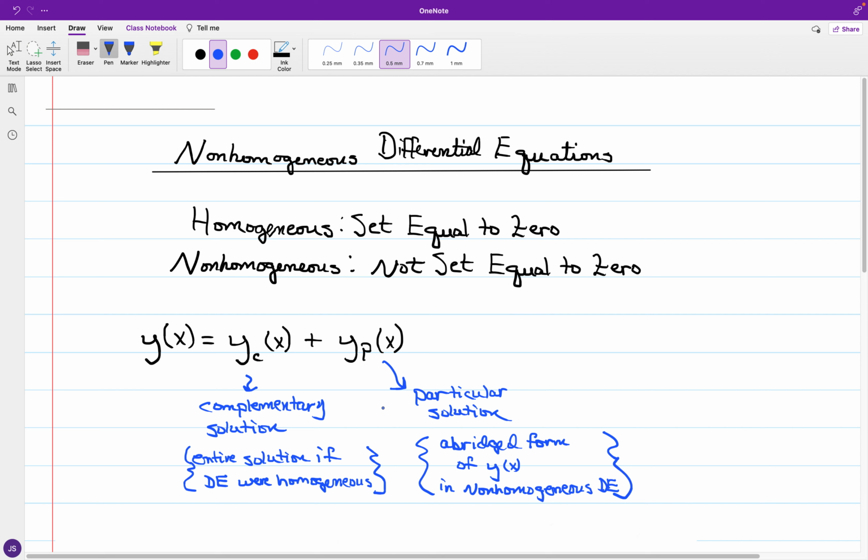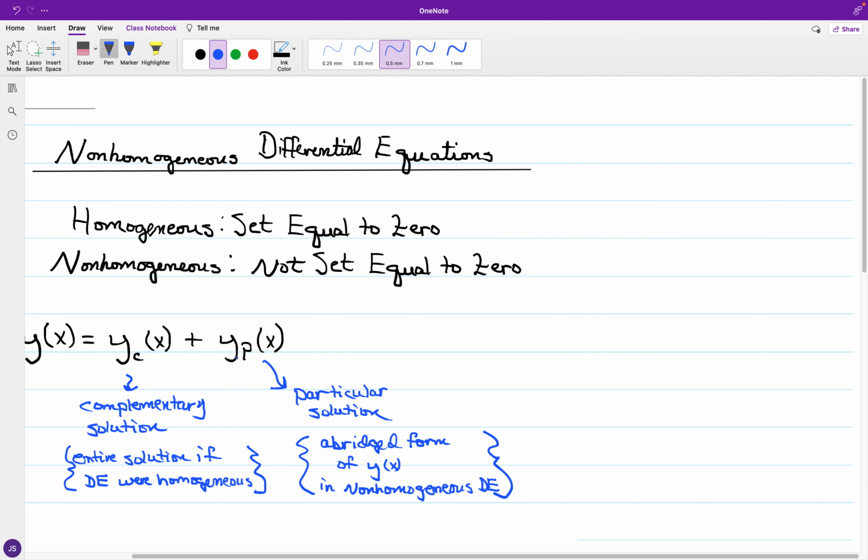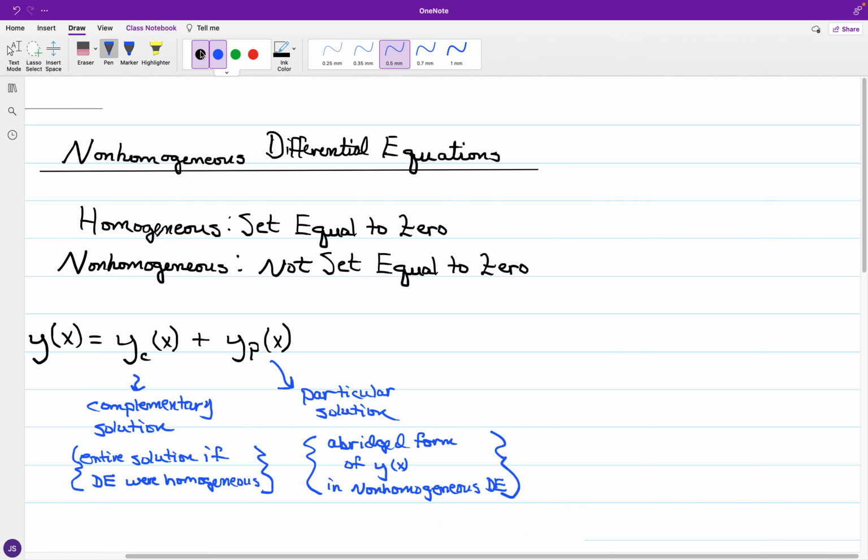And the second portion is the particular solution, which you can regard as an abridged form of the whole y of x in a non-homogeneous differential equation. And let me give you a backdrop, making a transition from homogeneous to non-homogeneous equations.